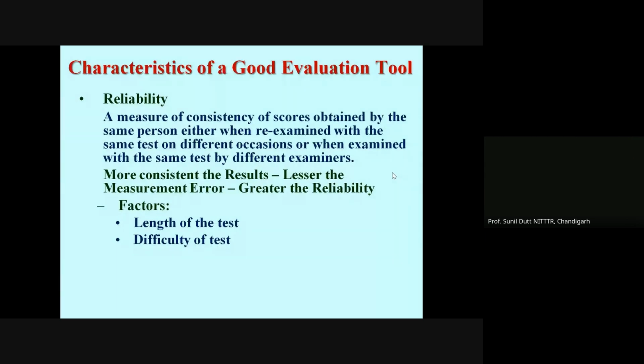A question paper that contains too easy or too difficult questions would produce scores of low reliability, because such a test results in a restricted spread of scores. For example, if all questions are easy, students' marks would be like 90, 89, 88, 87, 86, and so on.